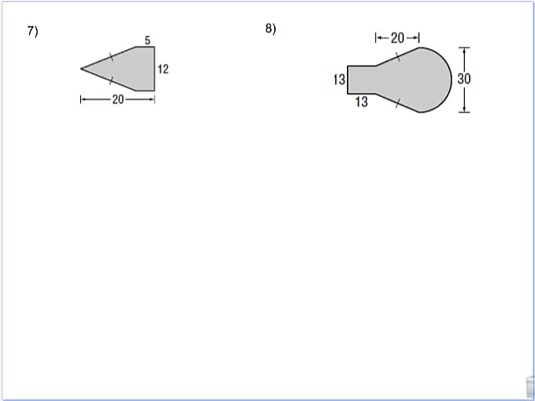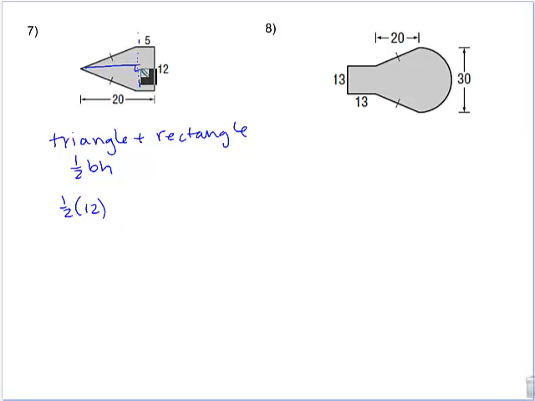That's a triangle with a rectangle. Okay, so 7 looks like it's a triangle with a rectangle. So we'll split it up. Area of a triangle, 1/2 base times height. So 1/2, 12 times 20 is not right, because 20 is not the height of the triangle. Only this is the height. 15. Good.